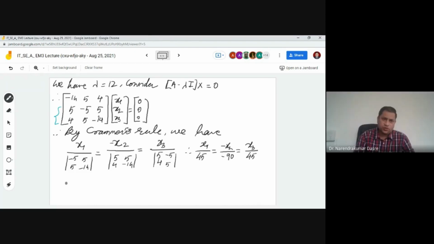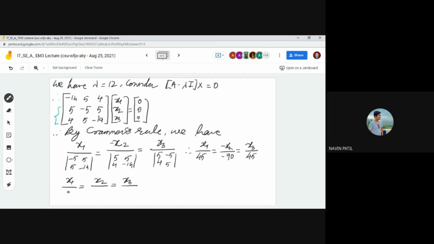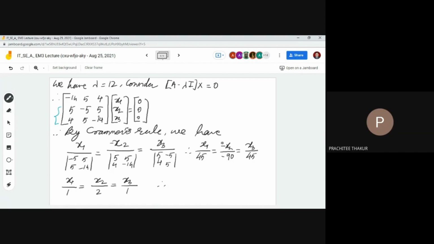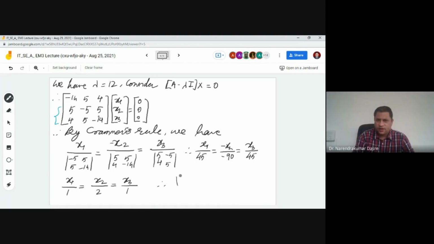Okay, what is the common factor that you can cancel out? 45. So is this 1, 2, 1? Yes, because this minus will get cancelled. And so we got the third vector 1, 2, 1.